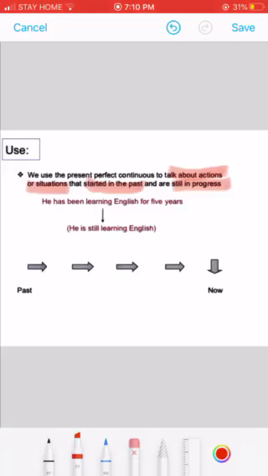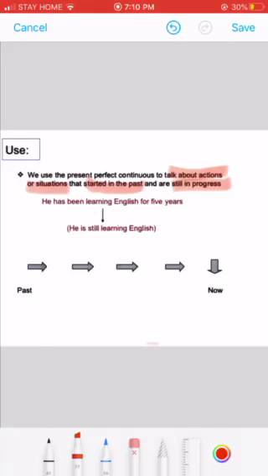So what's the meaning of actions or situations that started in the past and are still in progress? إذن نستخدم المضارع التام المستمر للتحدث عن actions حدث situations حالة started in the past هي بدأت في الماضي and are still in progress وما زالت تتقدم or still up to now أو استمرت إلى الآن.